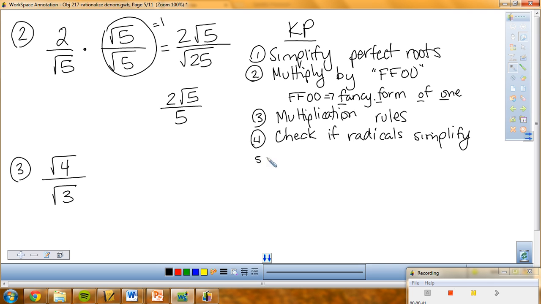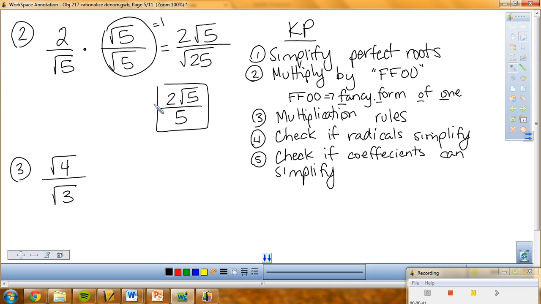And then the last step is to check if coefficients can simplify. Meaning, can I simplify 2 over 5? And no, I can't. So this is going to be my final answer. So make sure you have all these key points down. And let's try number 3.